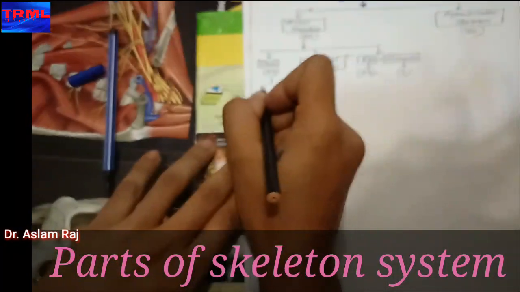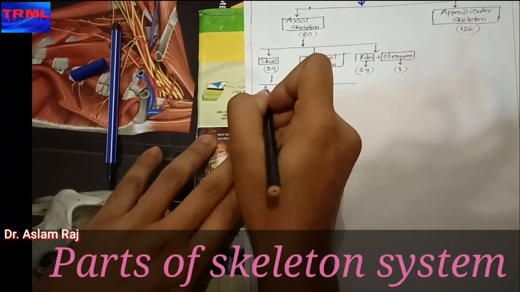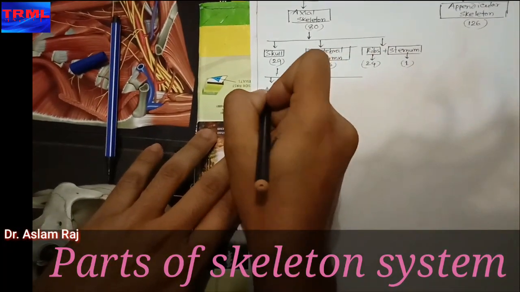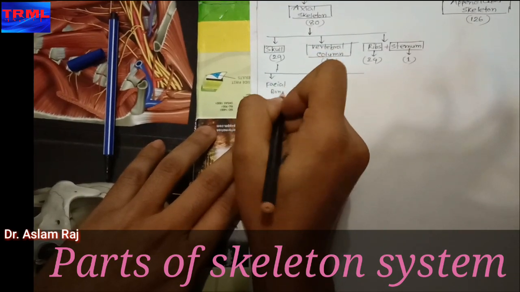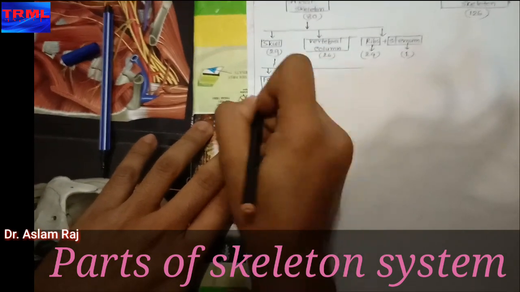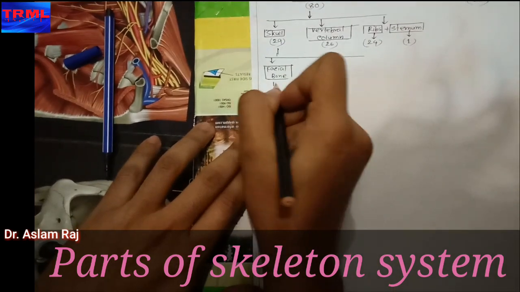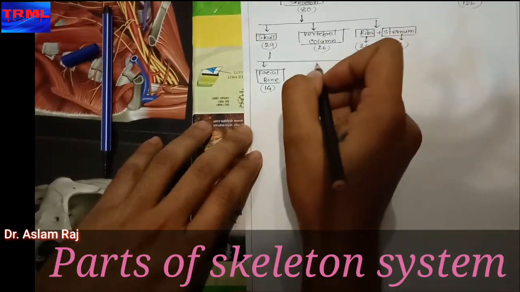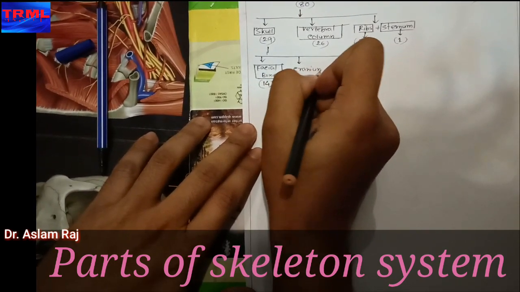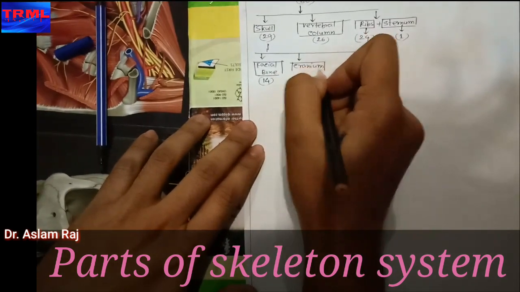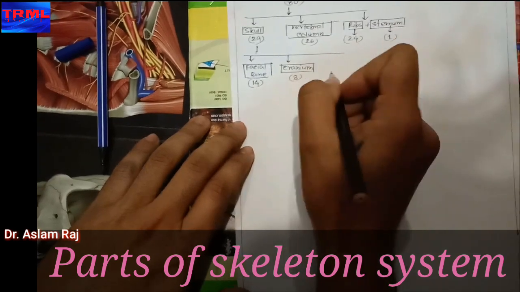Skull has mainly 4 types of bones. First one is facial bones, including 14 bones. Then the second one is cranium. Total number of cranium bones is 8.